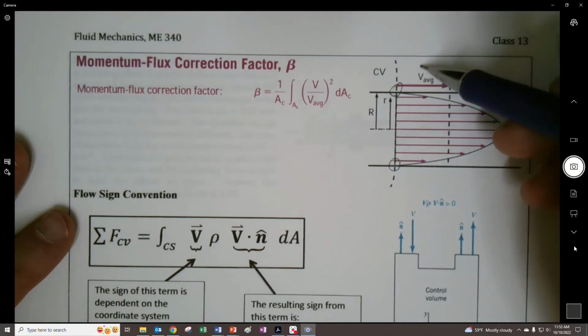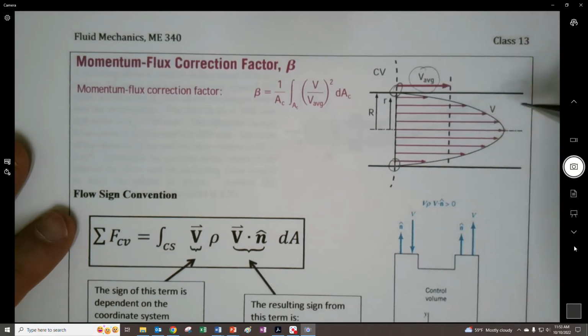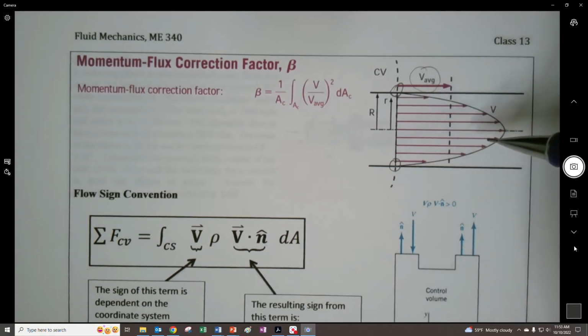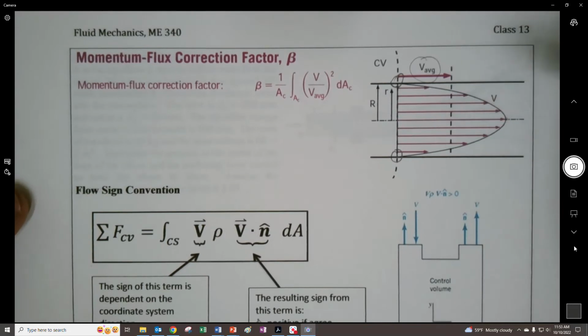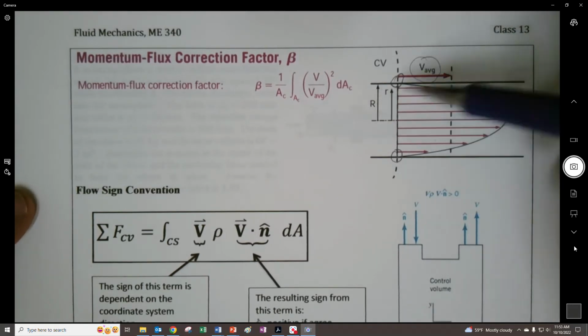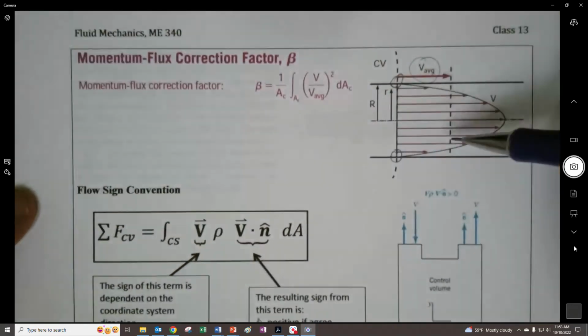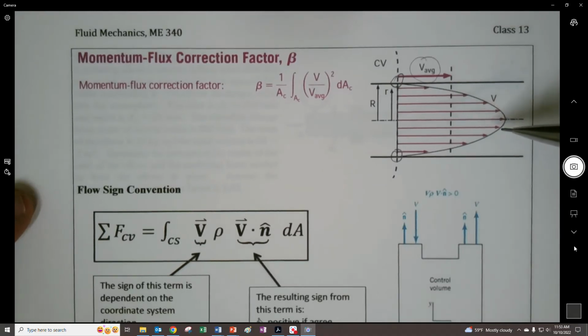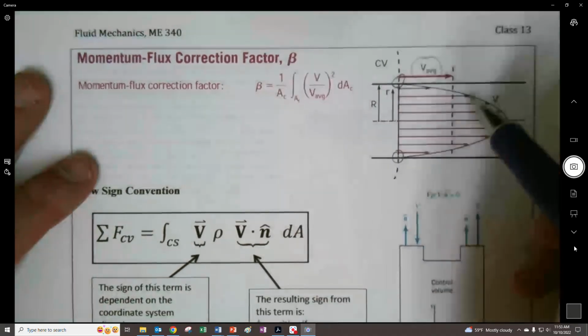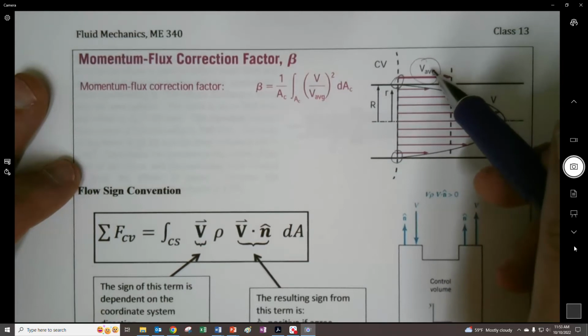We usually end up using the average velocity across a control surface because we're trying to simplify problems. But one aspect that can cause some error is that the momentum crossing here is not going to be equal to the average velocity.